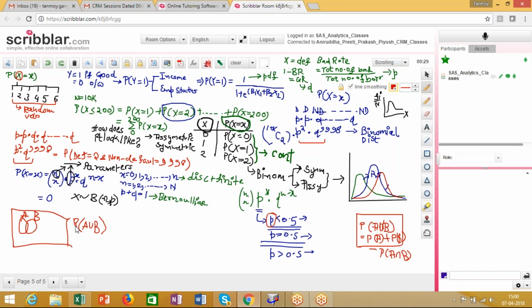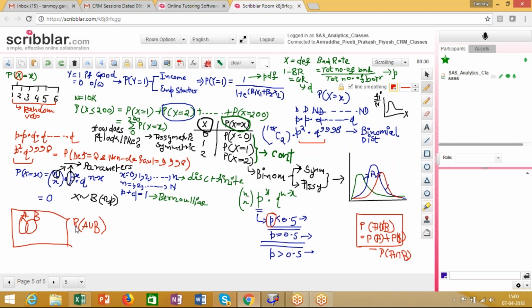No, it's not the joint probability per se. What type of joint? The area covered by both A and B, right? So basically, this talks about the probability of events where A or B, right?